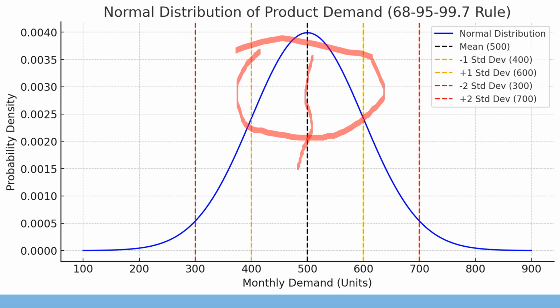The orange line shows demand between 400 and 600, covering approximately 68% of demand values. The red line shows the range within two standard deviations, 300 and 700, covering approximately 95% of demand values. This visualization helps understand stock optimization by predicting product demand fluctuation within standard deviation limits.